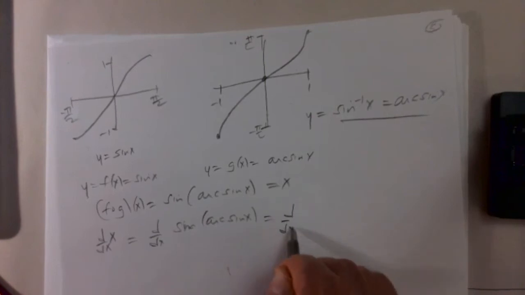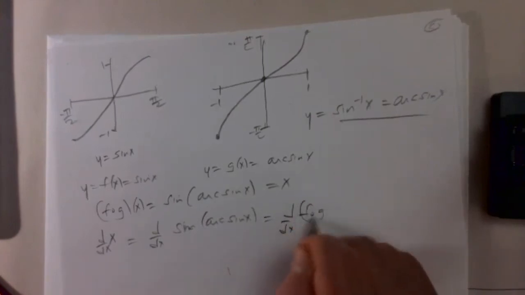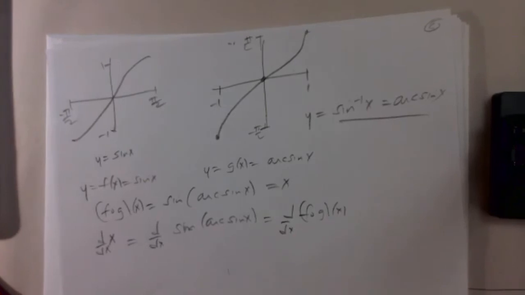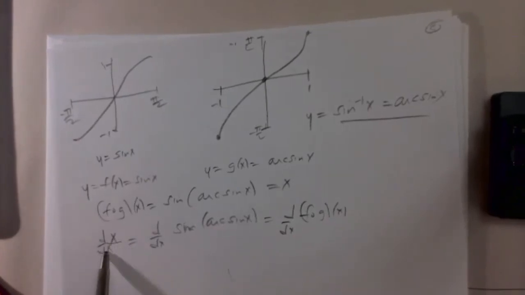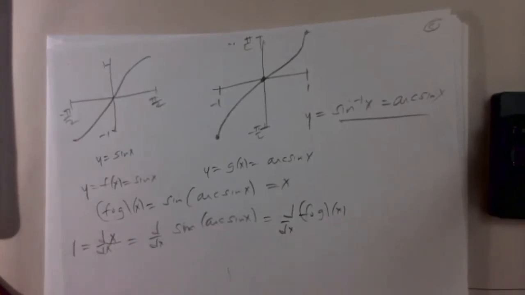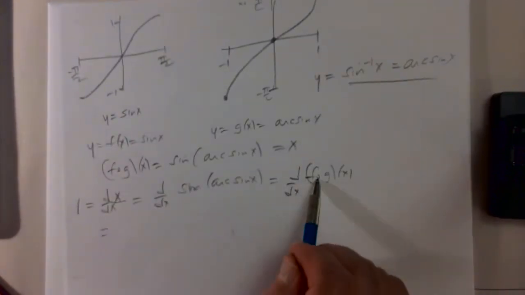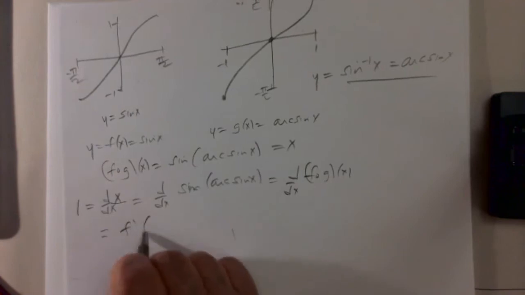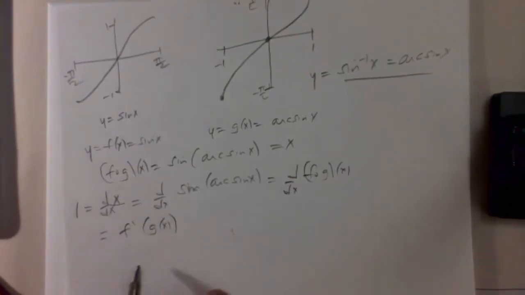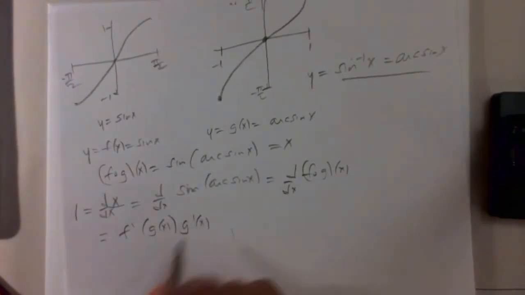Or it's easier to write the derivative of f composed with g of x. The derivative of x with respect to x is 1. By the chain rule, the derivative of this composite function is f prime of g of x, g prime of x.